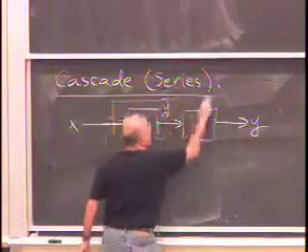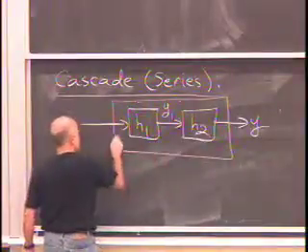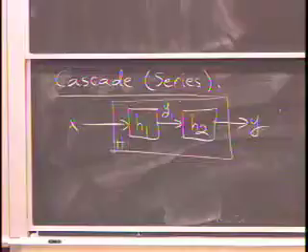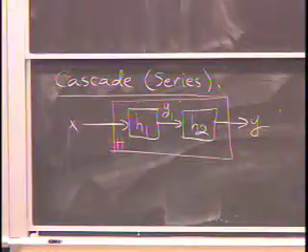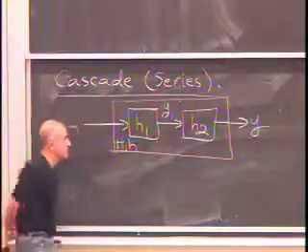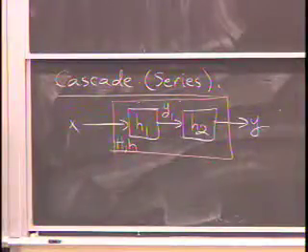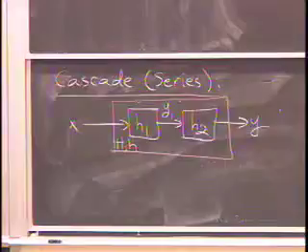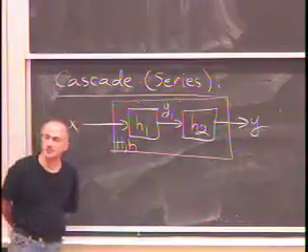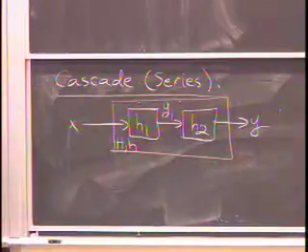Let everybody think for a few seconds. If this is my H, the system H, or what's H? What do you think the frequency or the impulse response is of the configuration? Think about it.